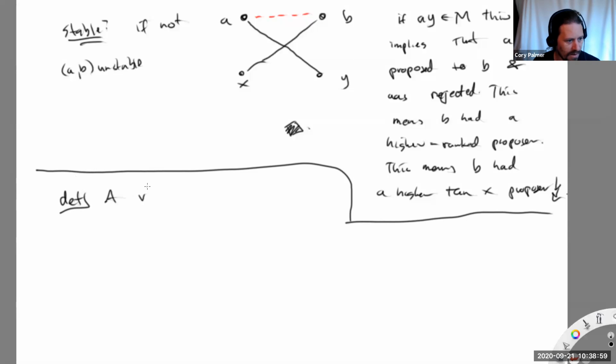Okay, so a vertex cover, this is a simple concept, is a set of vertices that see every edge of the graph.